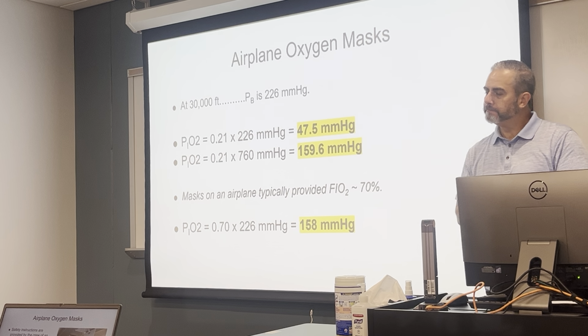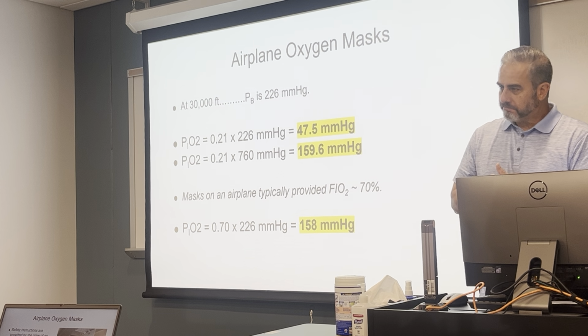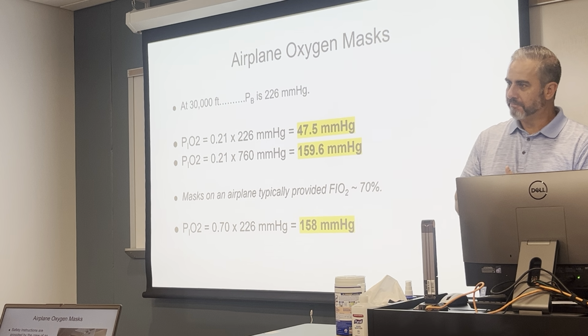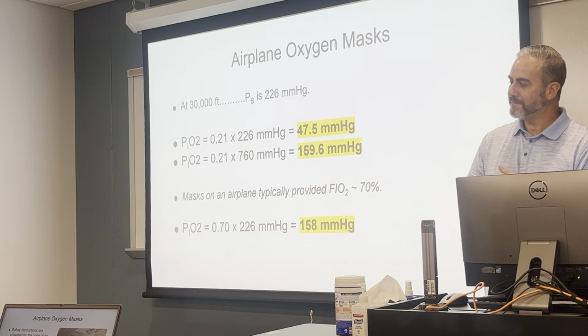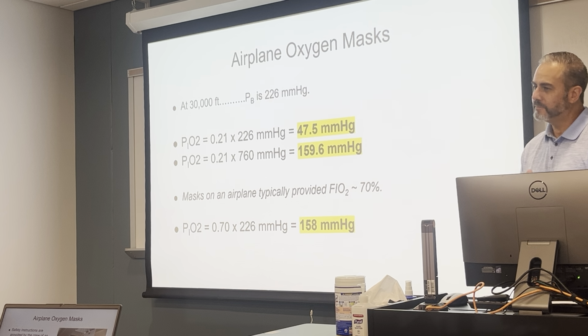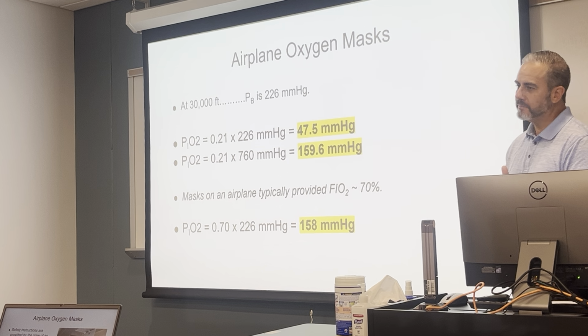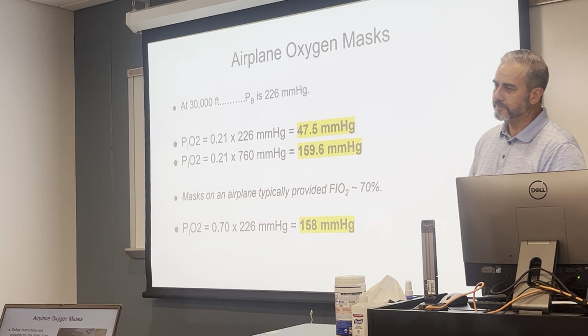But it's like 16% of whatever is available. I'm trying to think of how to ask this question. We're only getting 16% of it, so is it only 16% of the 47.5 for being up in the air, or is it only 16% of the 159.6?